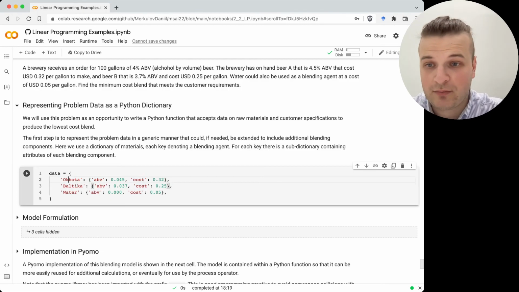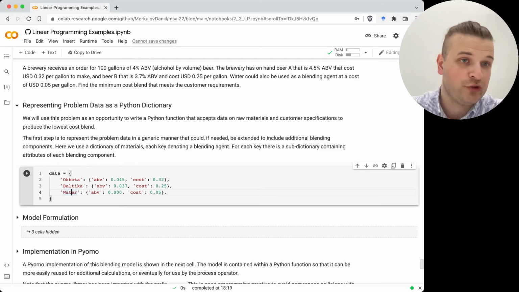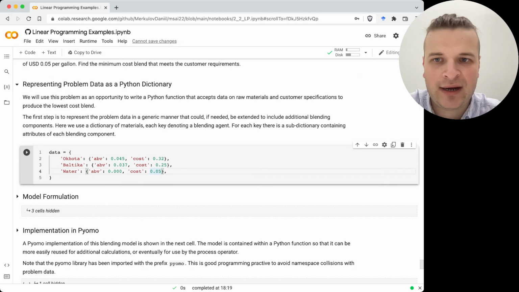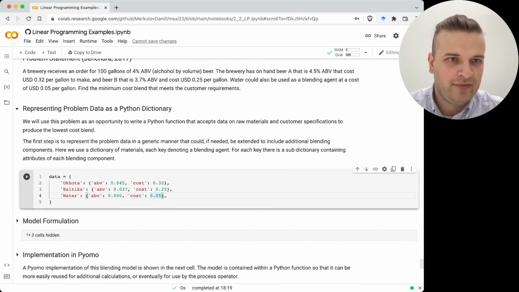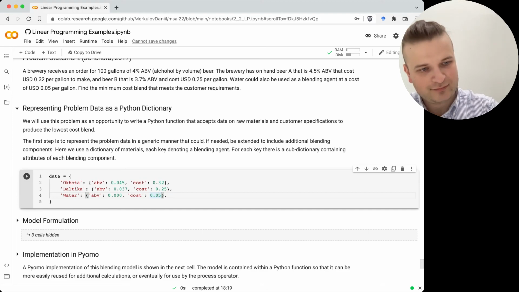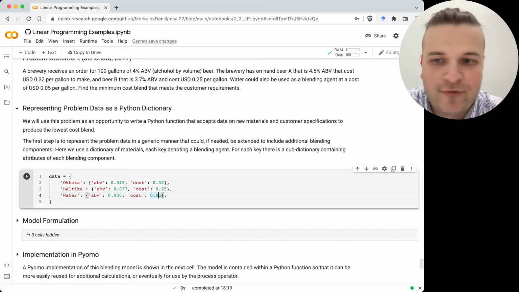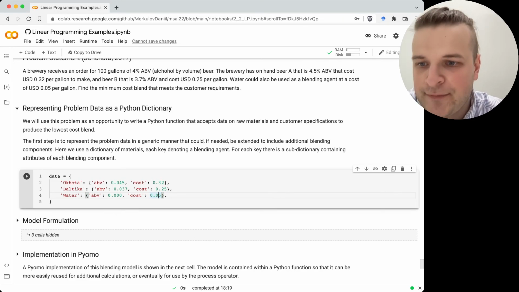Some Ochota beer, Baltica beer, and water, which is not a beer, which has 0 alcohol by volume, and each with its own cost. And suppose you are to blend these beers to find an optimal beer with the desired properties, for example, for alcohol by volume and for cost.